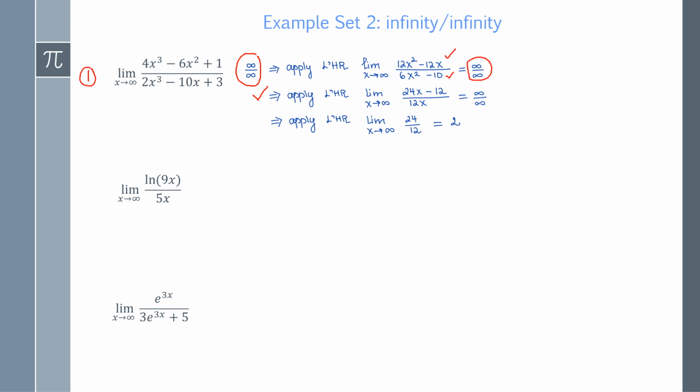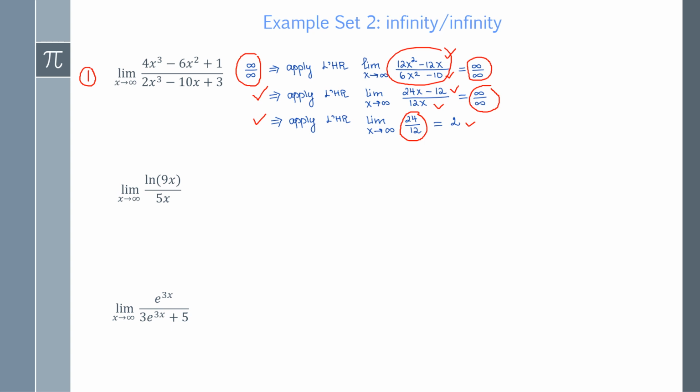Once we compute the derivatives, we get 24x minus 12 over 12x. That is still infinity over infinity; think about plugging in a really large number for x. So we can apply L'Hopital's rule again. Here we apply it 3 times, and we just get 24 over 12, which is equal to 2.